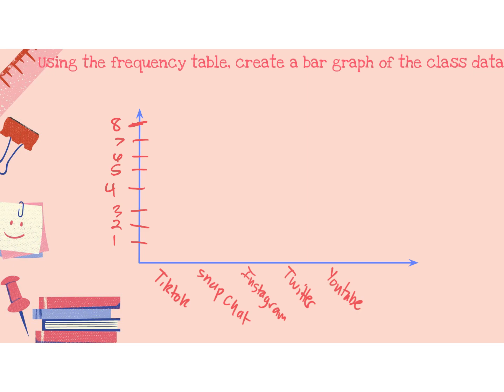Okay, so TikTok had 5. So we're going to draw our first bar for TikTok, and it's going to go all the way up to the 5. So when we did histograms in our last lesson, the bars had to touch. But for bar graphs, we want the bars to be separate, like in that nicest fruit example. Snapchat was 7 people, so we'll go all the way up to 7. Again, notice the bars aren't touching.